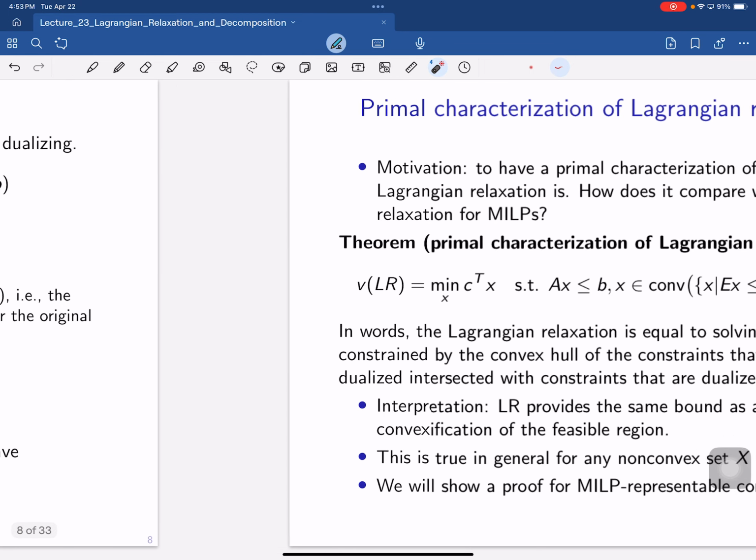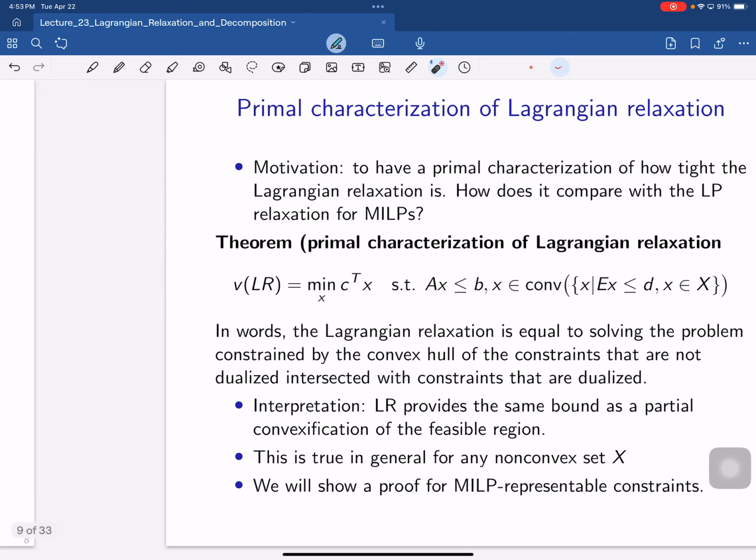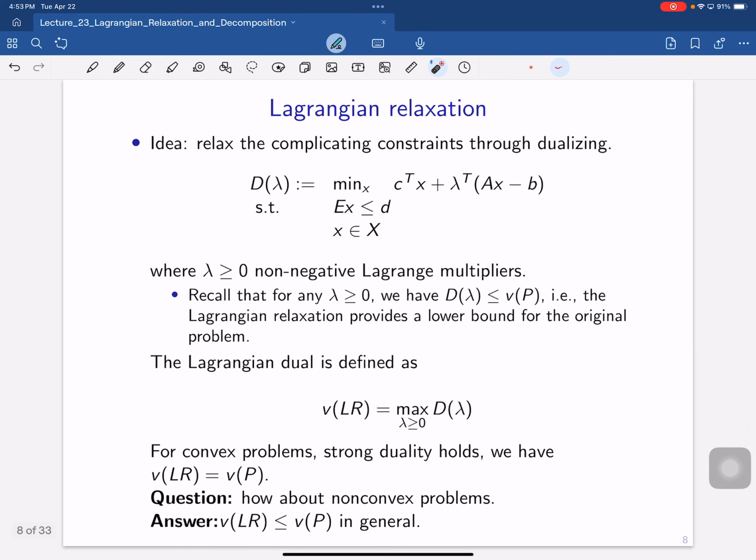Yeah. So now let's motivate the so-called primal characterization of the Lagrangian relaxation. Again, back to this slide, right? We know that for a convex problem, you have strong duality, right? But for a non-convex problem, the only thing you know is the Lagrangian relaxation is less than or equal to the primal problem. But then how are they related, right?